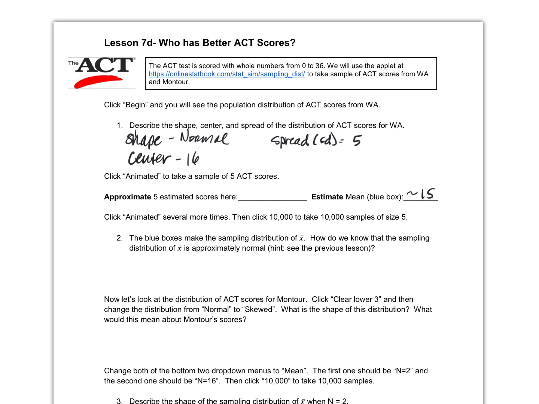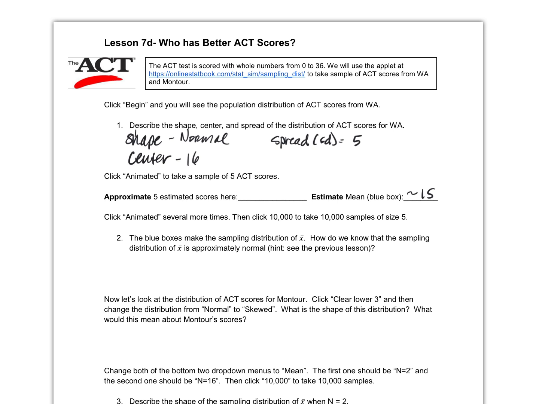All right, so if you look at this, the blue boxes make the sampling distribution of X bar. How do we know that the sampling distribution of X bar is approximately normal? Well, we knew it was going to look like this because the population it came from looked like that, right? I like to call the population the parent population, right? It was normal, so the little sampling distribution is going to be normal also, all right?